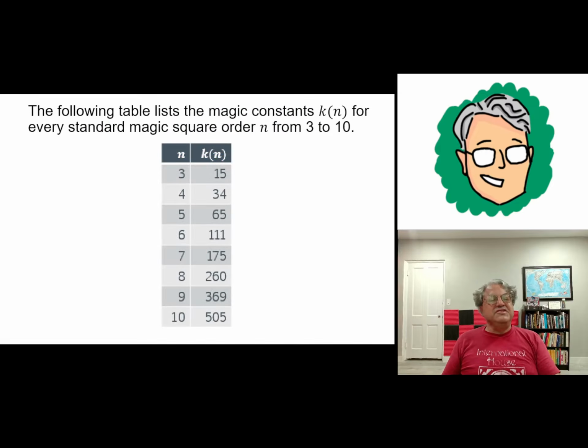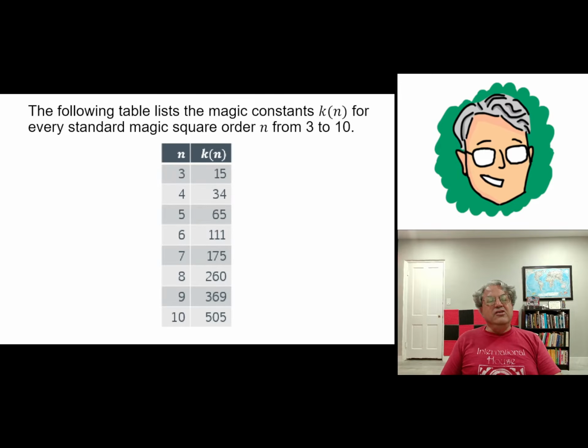Here's a little table of the values for n going from 3 to 10. The 3 by 3 is the simplest non-trivial case, and it has a magic constant of 15. After that, we've got order 4 magic squares, where the magic constant is 34. They grow pretty quickly: for 5 it's 65, and by the time you're up to order 10, it's already 505.